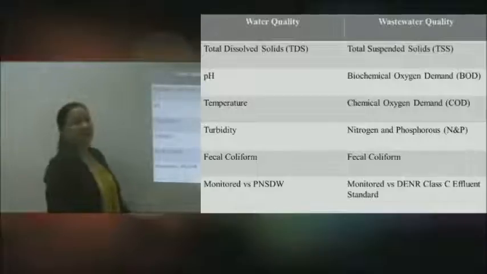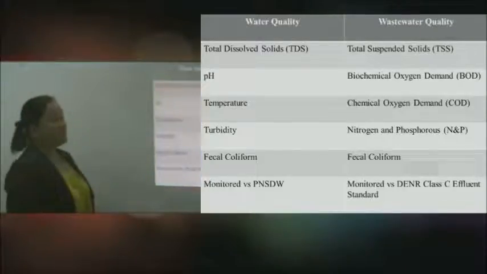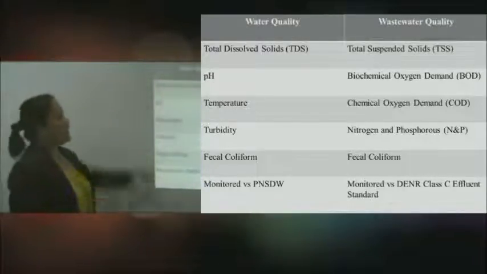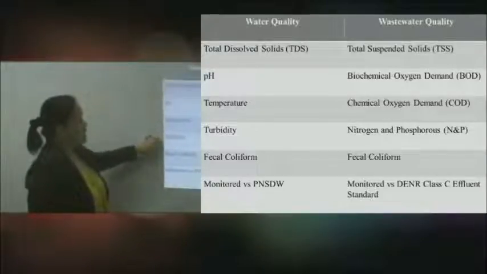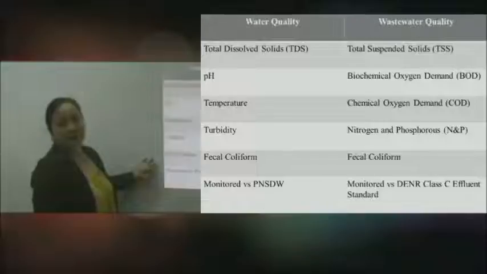So what would be the basic or major water quality parameters to be monitored? You have the TDS, the pH, the temperature, turbidity, and fecal coliform.